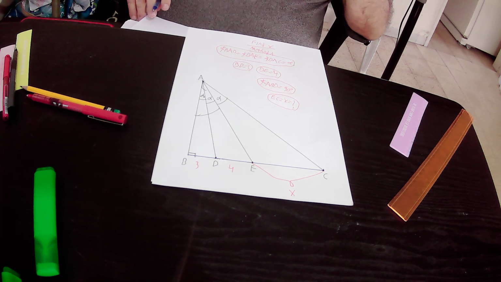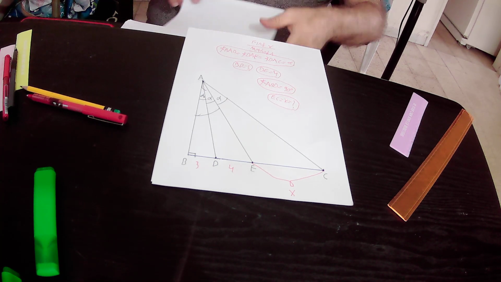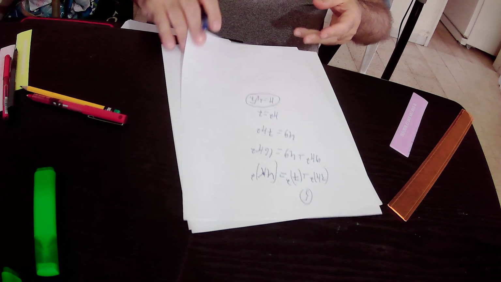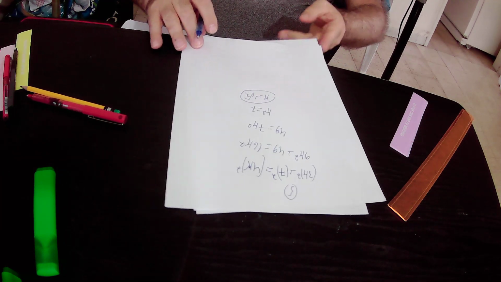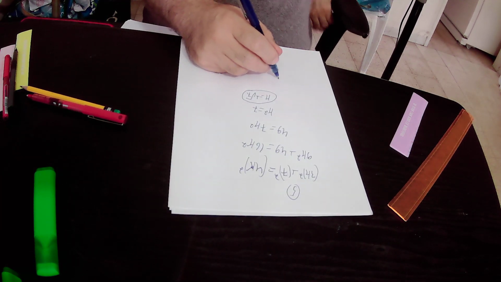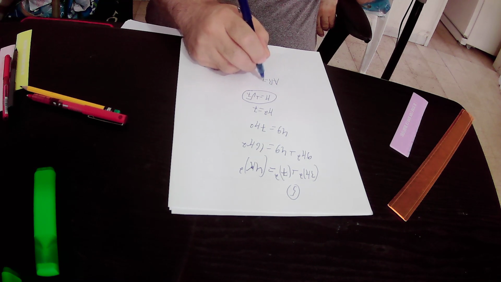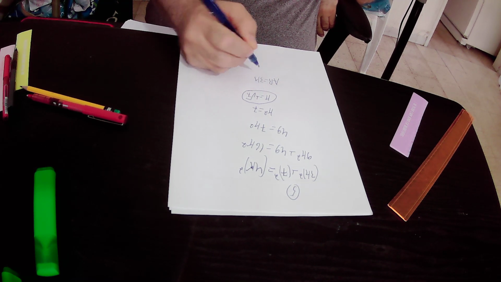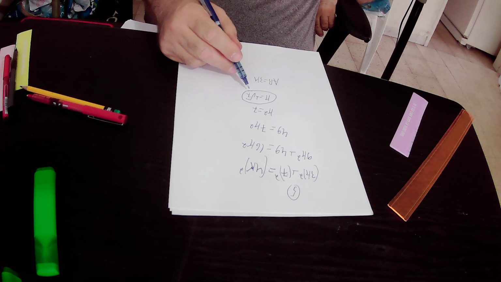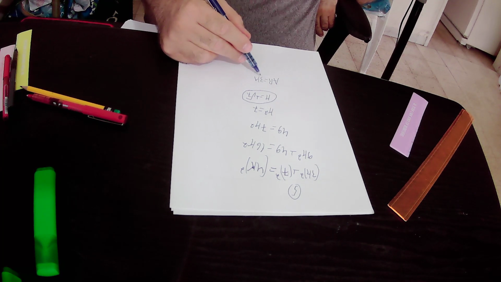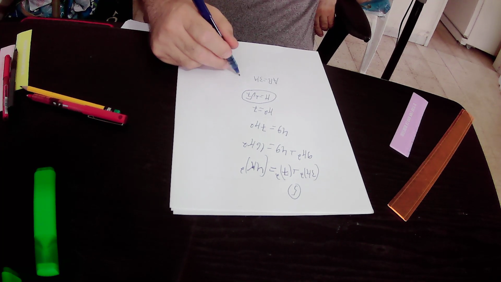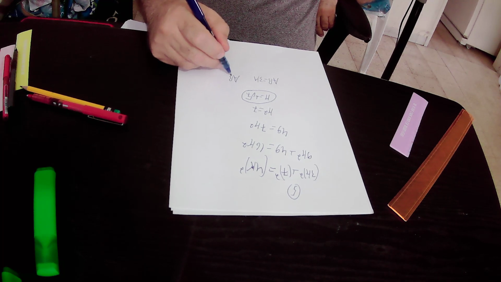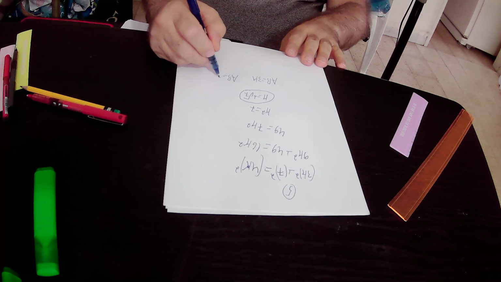After we found the value of k, we know that AB equals 3k. So we can place the value of k inside this equality and we will get that AB equals 3 times root 7.